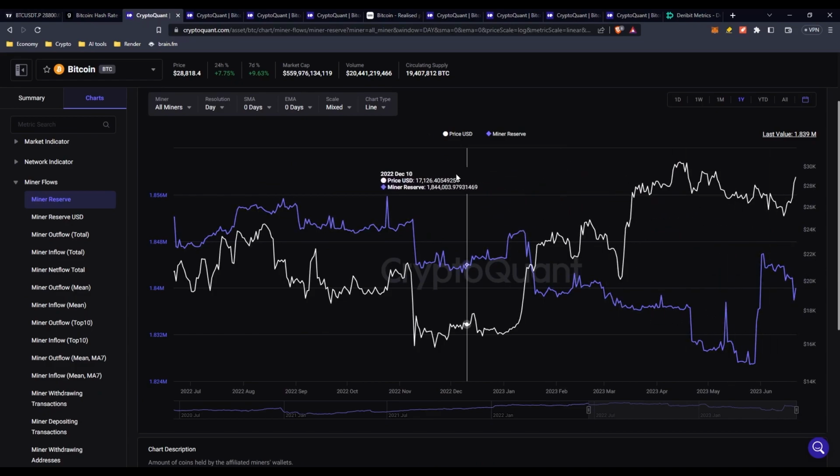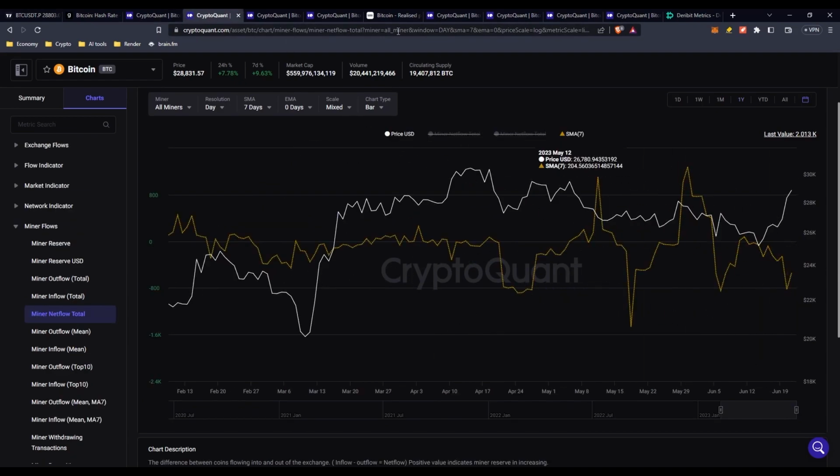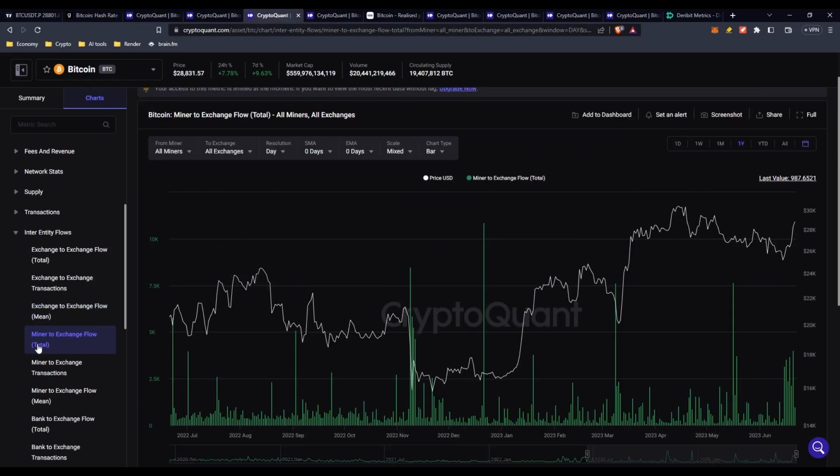To get a confirmation on this, we can also check the miner to exchange flow to see how much Bitcoin miners are selling to the exchanges. As you can see, there are a couple of peaks in the past couple of weeks. In the past week, when the prices started going up, there was more outflow from the miners' wallets into the exchanges. That's giving another signal. I told you the hash rate could possibly go down.